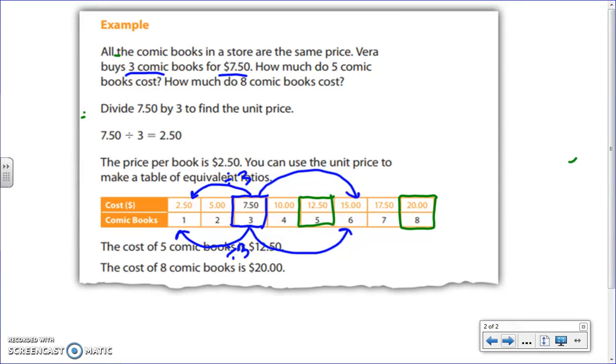I can do that any combination of ways by adding the numbers together, by multiplying certain numbers, and all the methods we talked about in the videos prior to this, manipulating our table. But as long as all the ratios stay equivalent and the unit price for each of them is the same, you can find the values for 5 comic books and how much it will cost for 8 comic books.